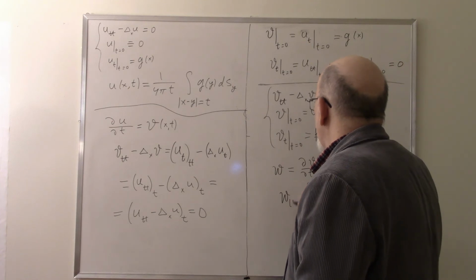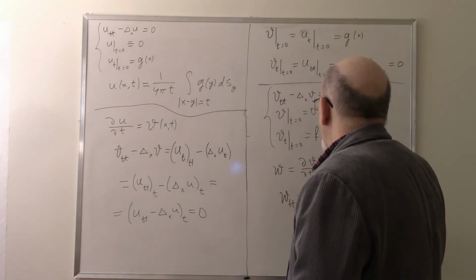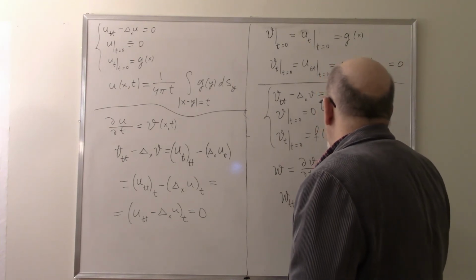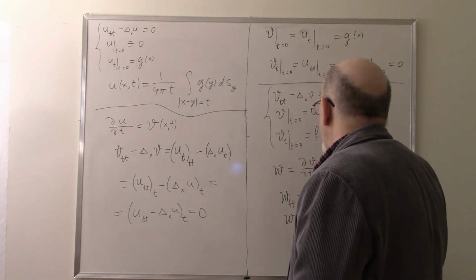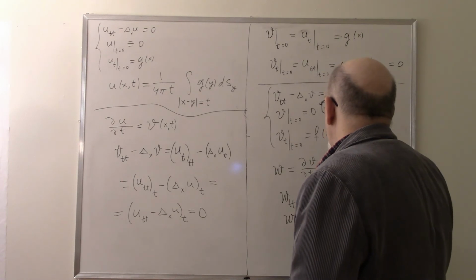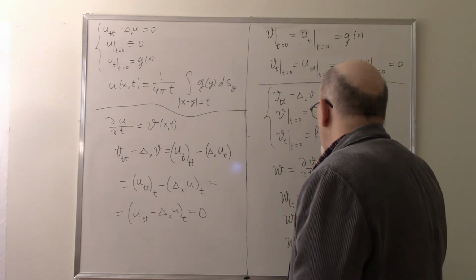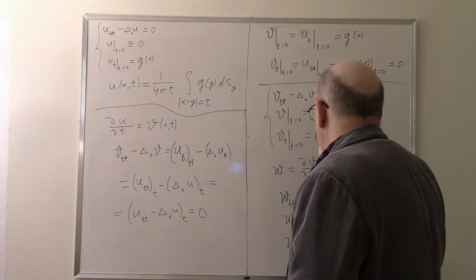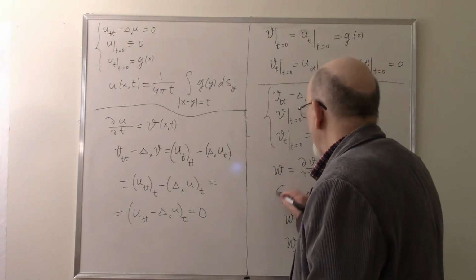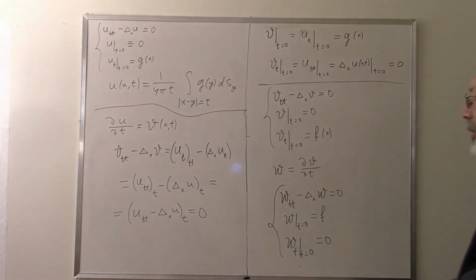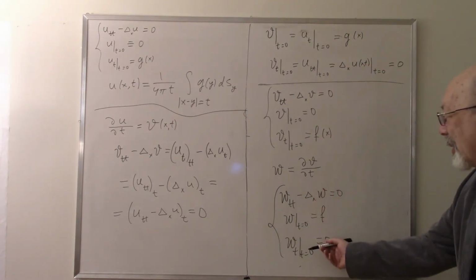W_tt minus Laplacian w equals 0. W for t equals 0 equals f. W_t for t equals 0 equals 0. Yes? So we have this problem.